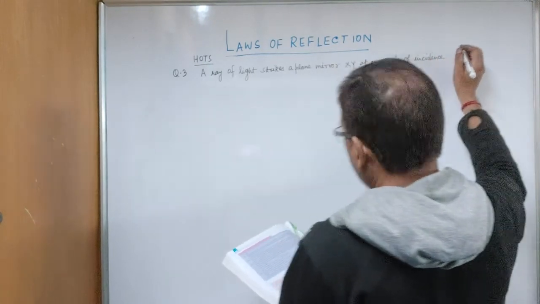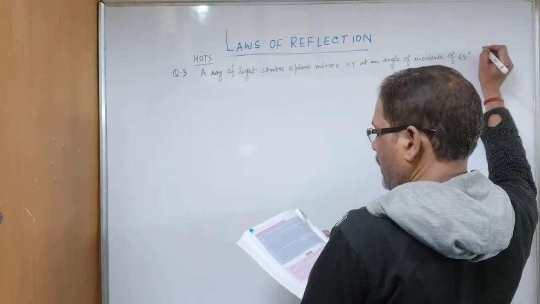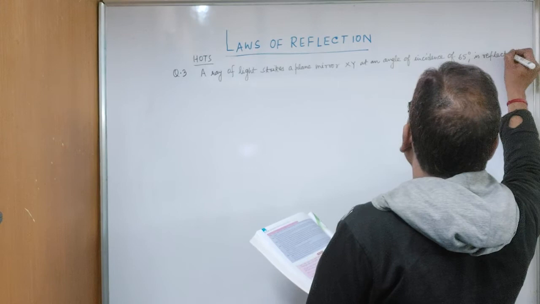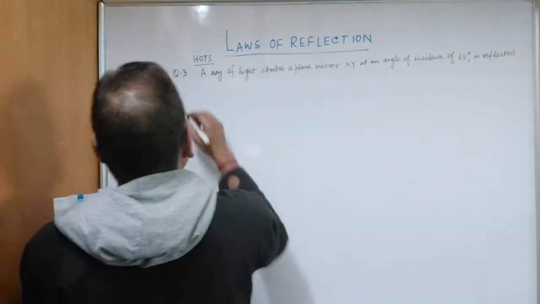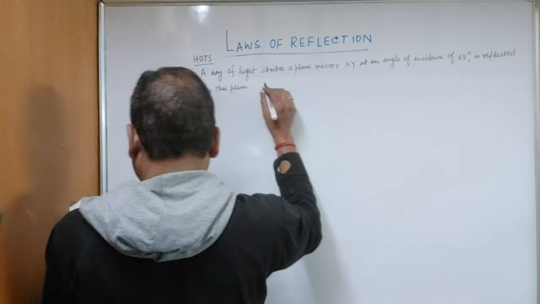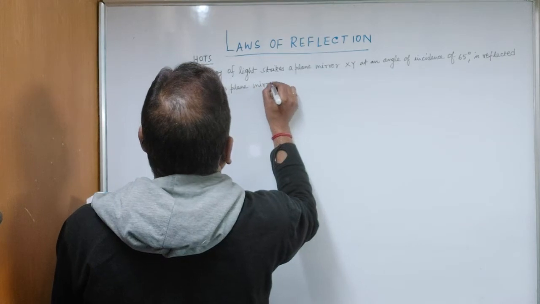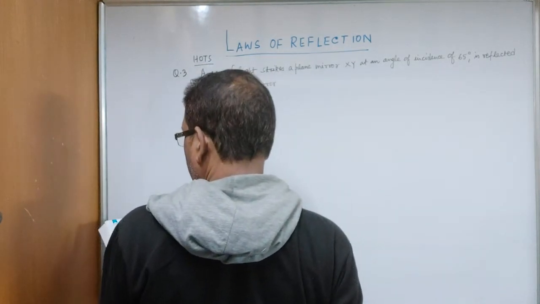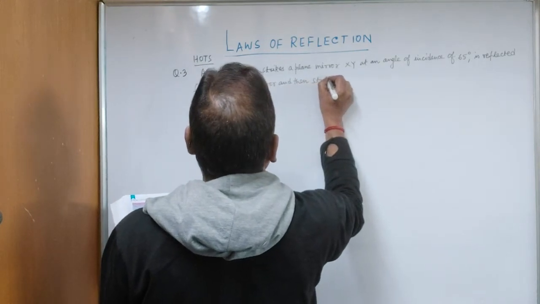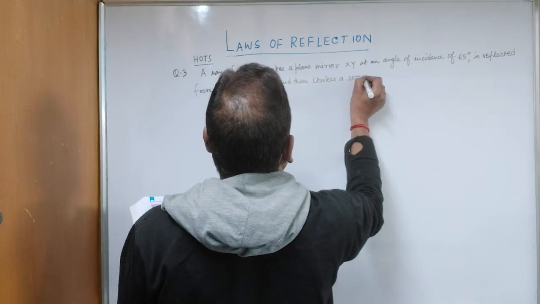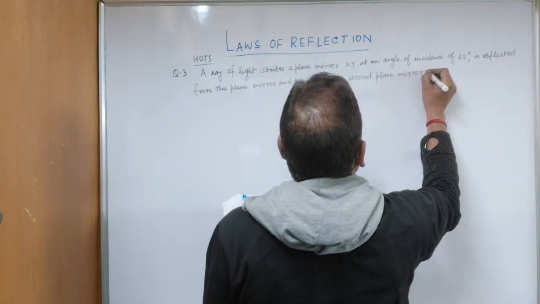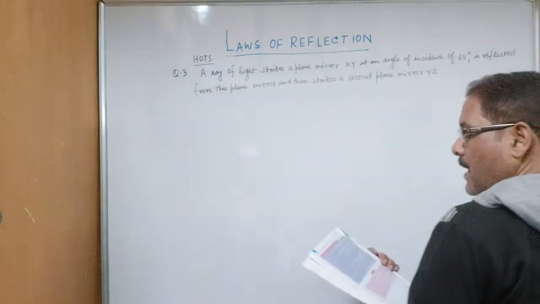Here the angle of incidence is given 65 degree, and it is reflected from this plane mirror and then strikes a second plane mirror YZ placed at right angle to the first mirror.